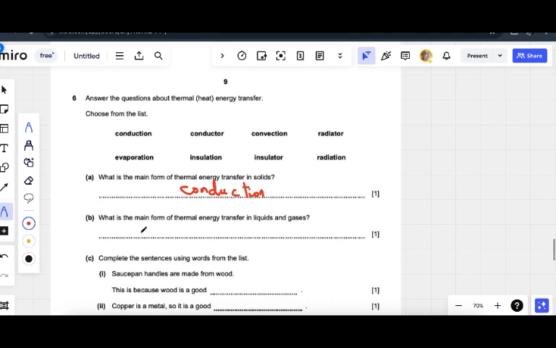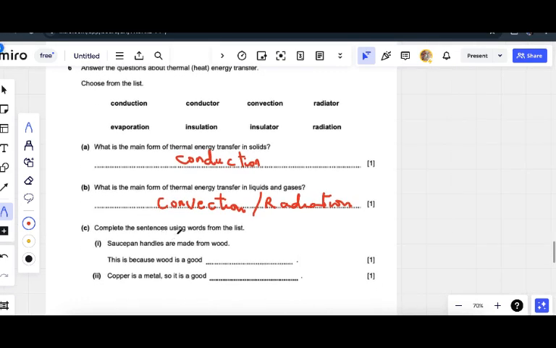Gas, probably radiation. Okay. Now let's move on.